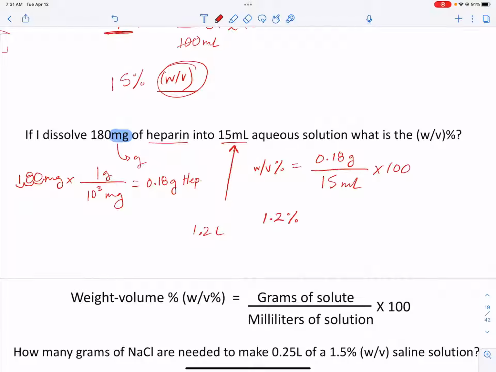If I would have given you milligrams and liters, just like we converted the milligrams to grams, all you'd have to do is convert that to milliliters before you plug it into your equation. Okay, so again, even if I give you different units than what your equation calls for, convert it always to grams and milliliters. And those conversions should be pretty easy for you guys at this point.